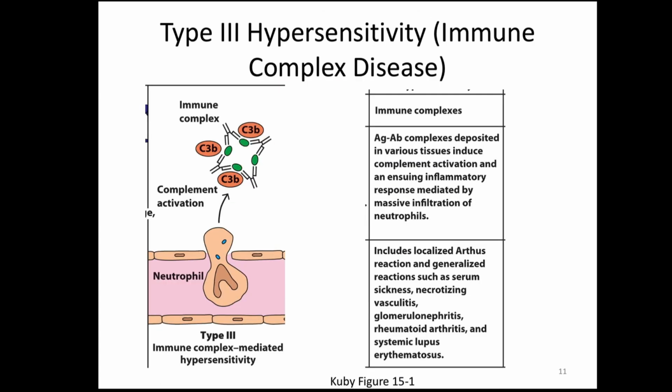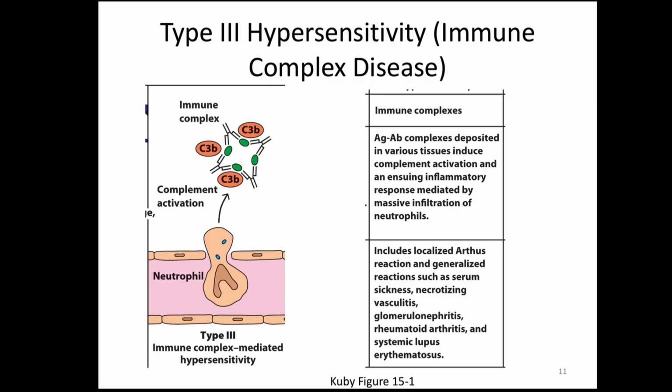All right. So the third big type of hypersensitivity reaction is a type 3 hypersensitivity reaction. And again, with our type 3 hypersensitivity reaction, we're seeing antibodies causing problems. And again, these antibodies are often IgGs or IgMs. So type 1 was IgE antibodies, both type 2 and type 3 are IgG or IgM.